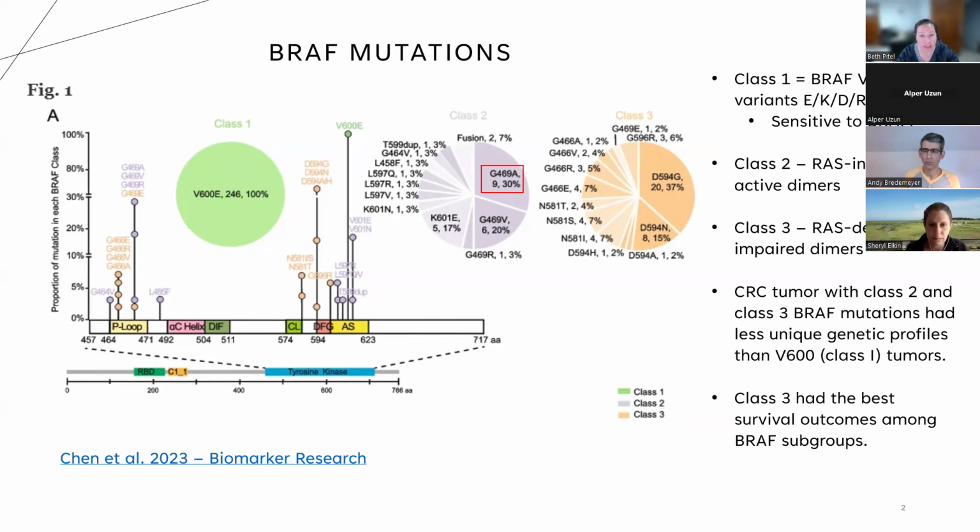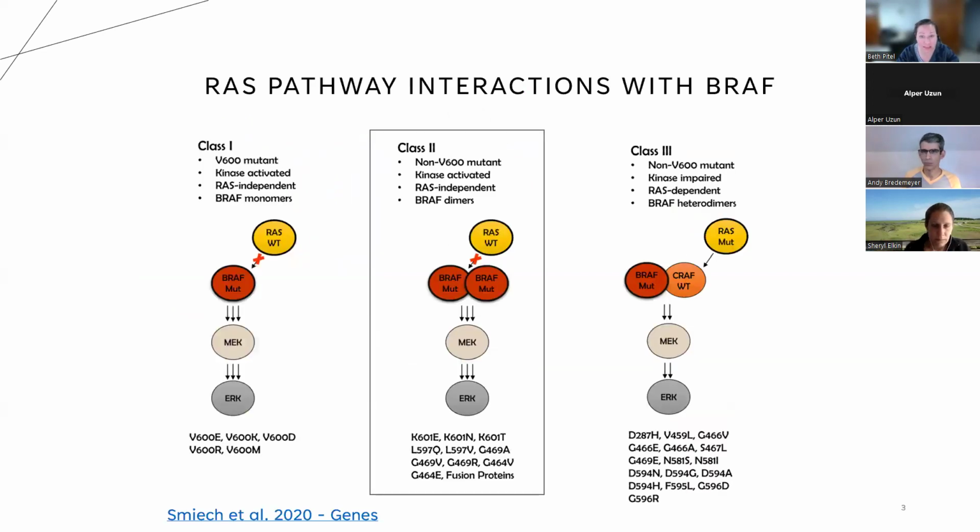So kind of interesting here, but the variant in question here is in the red box in class 2. And so these are RAS independent active dimers. So this mutation will activate BRAF and act as an oncogenic mutation.